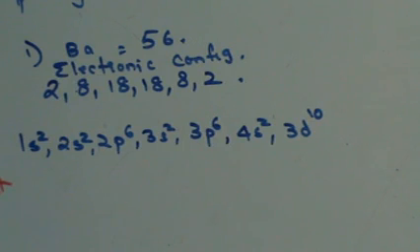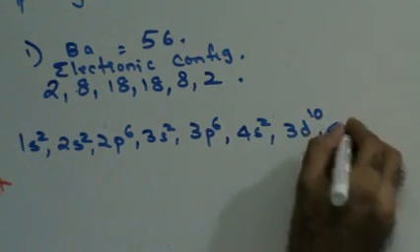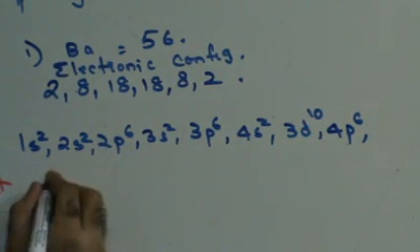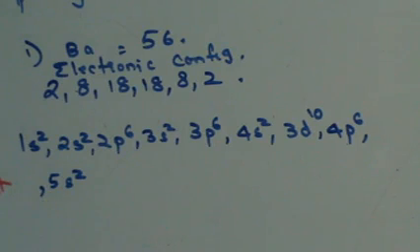Now after 4s, 3d. After 3d you have 4p. So you have 4p6. After 4p, you are going to have 5s. Right?